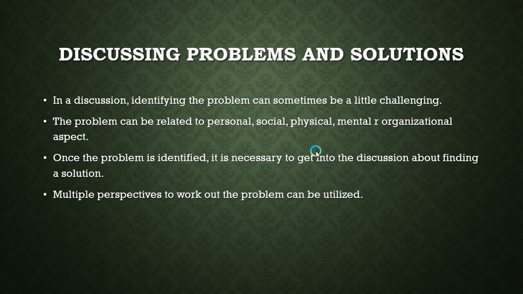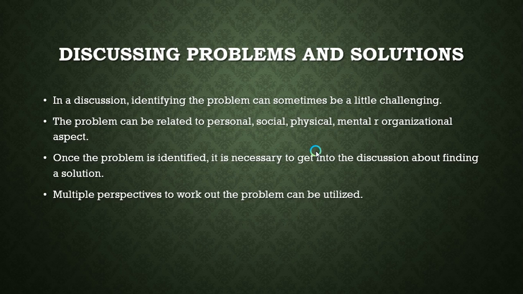So it is necessary to discuss the problem. If it is a personal problem, share with your friends, partners and parents, and find out the problem. If it is a social problem, discuss it with your community neighbors. If it is a physical problem, discuss again. Personal and physical are quite related in some way.